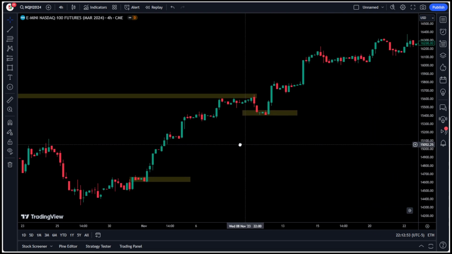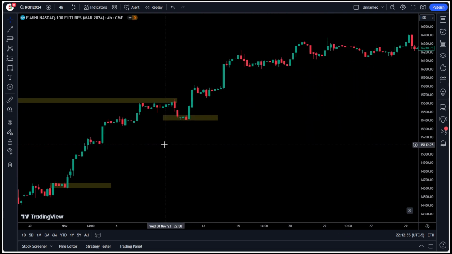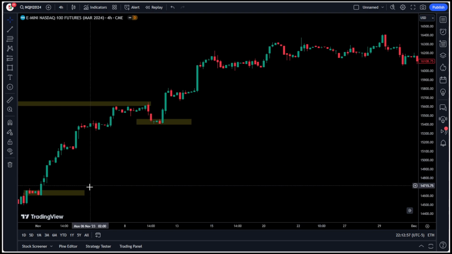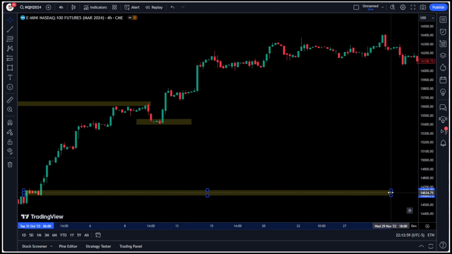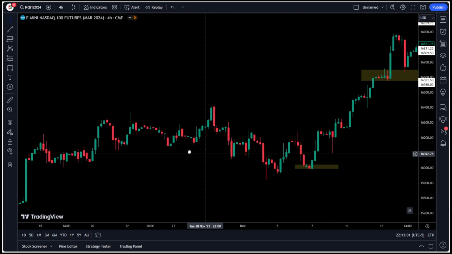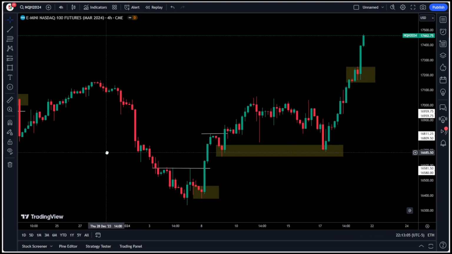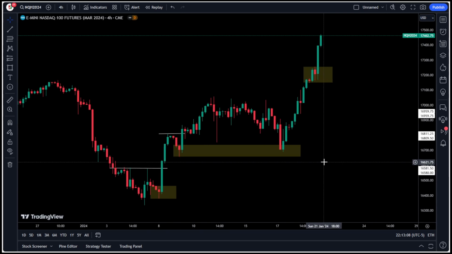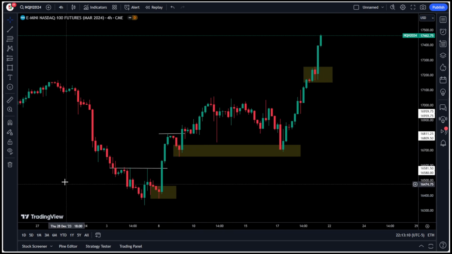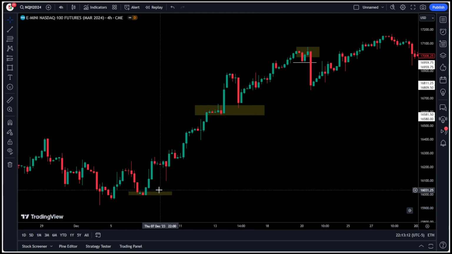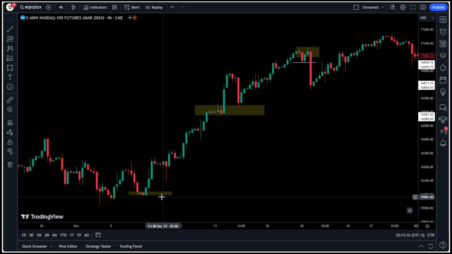And if you see, let me drag it. When this block is tested, not yet, means you can have buys from this point and let the position run.